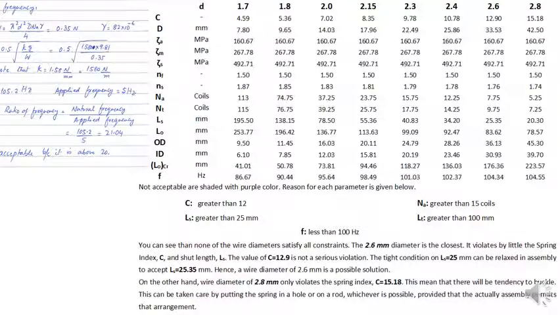Then I'm going to calculate the fundamental frequency. In order to calculate the fundamental frequency, I will just use the formula for the frequency. This is kg over this weight, this is W. And we have calculated the value of W, so we substitute the value of W here.